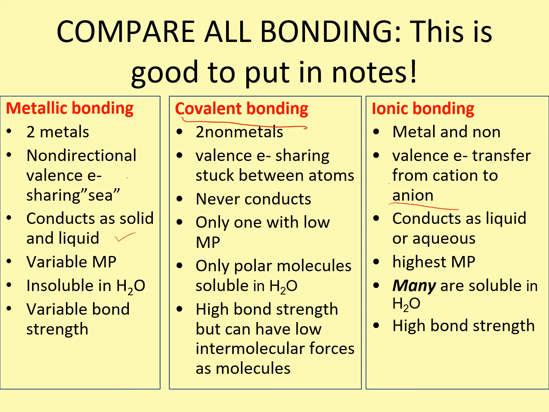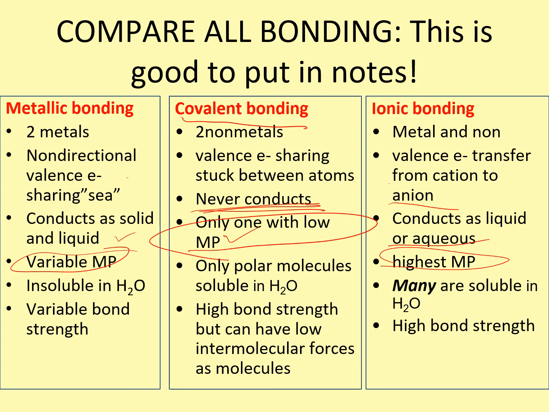Metallic bonding conduct as solid and liquid. Covalent, never conduct, because the electrons don't move and the charges don't move. And then ionic conduct as liquid or aqueous. Variable melting points. Covalent do have variable melting points. They're the only kind of bonding that can have a low melting point, and ionic bonding usually has highest melting points comparatively.